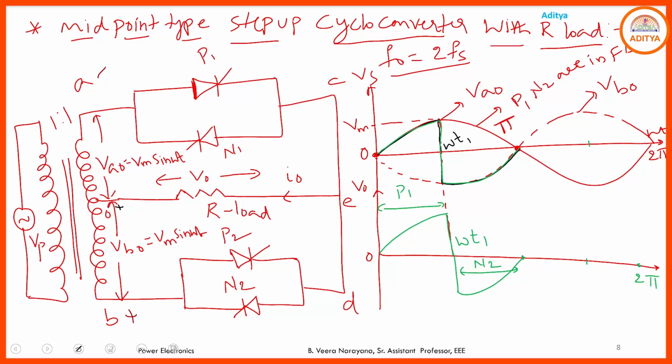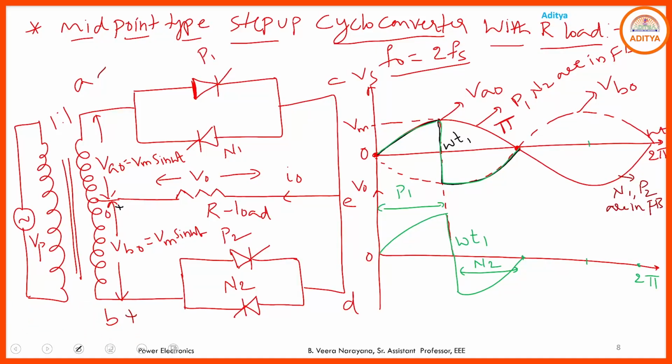So during this negative half cycle, N1 and P2 are in forward bias. If you want to collect the positive output voltage, then you need to provide the gate pulse to the positive group SCRs. If you want to collect the negative output voltage, then you provide the gate pulse to the negative group SCRs.